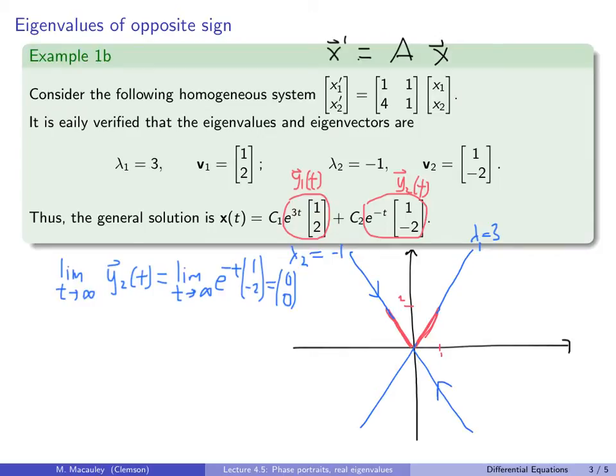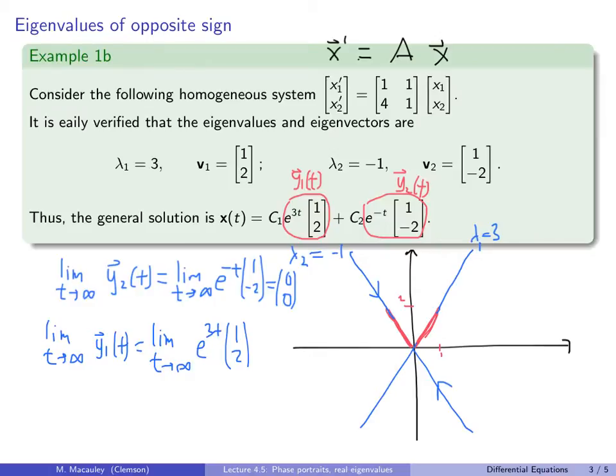And then conversely, anything along here, let's compute this limit. Take the limit as t goes to infinity of y1 of t. So this is the limit as t goes to infinity of e to the 3t, (1, 2).